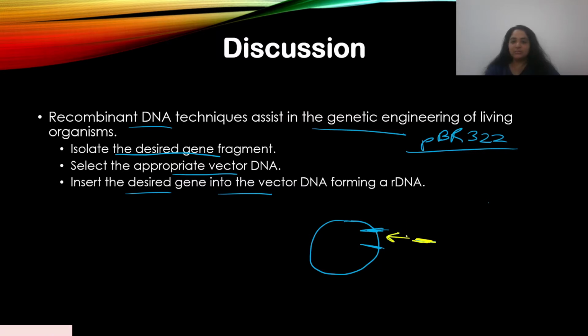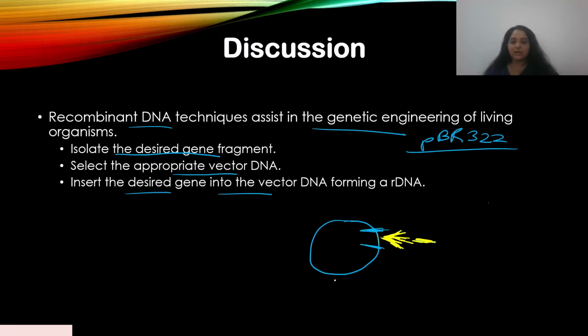You place it over here. You need to use DNA ligase to attach both the ends, the sticky end or whatever blunt end that is created from the restriction endonuclease, restriction enzymes, as well as the vector. And you attach the ends. Once that end is attached, it becomes part of the vector.